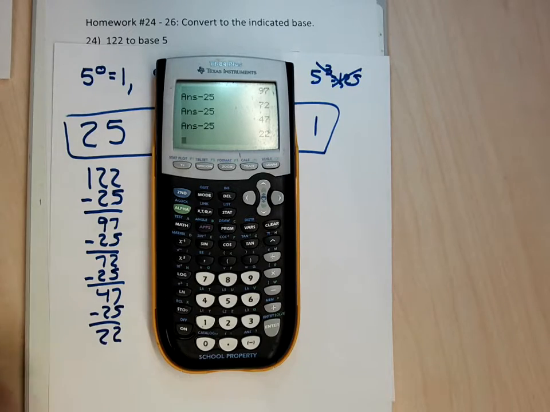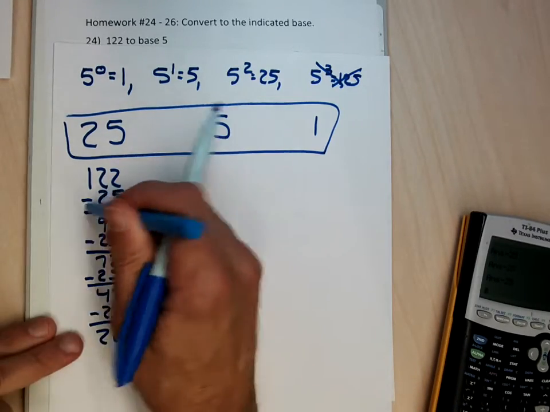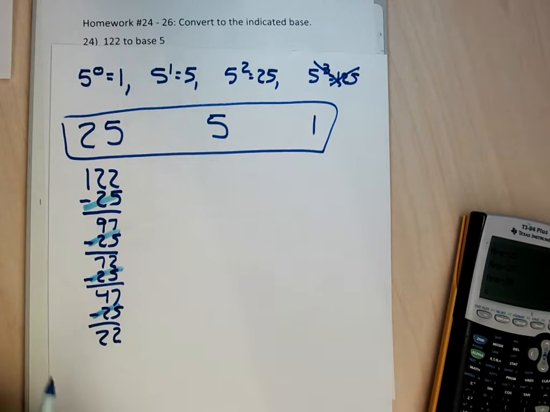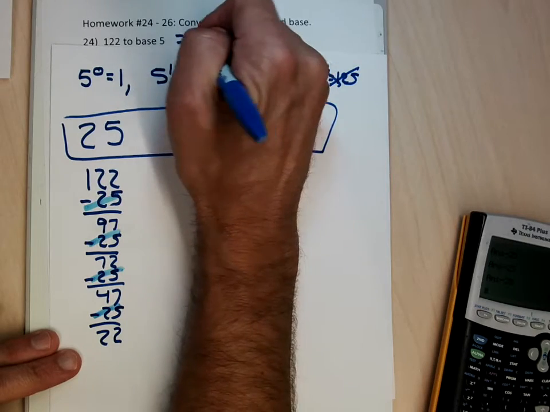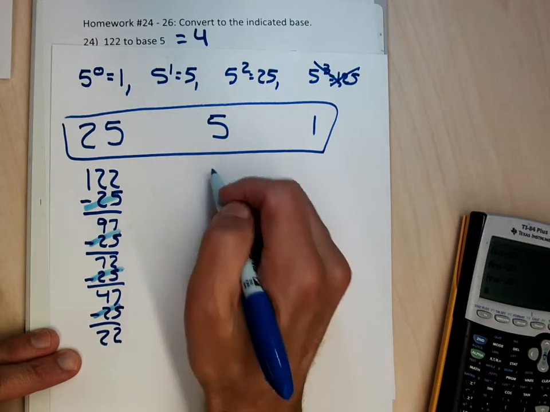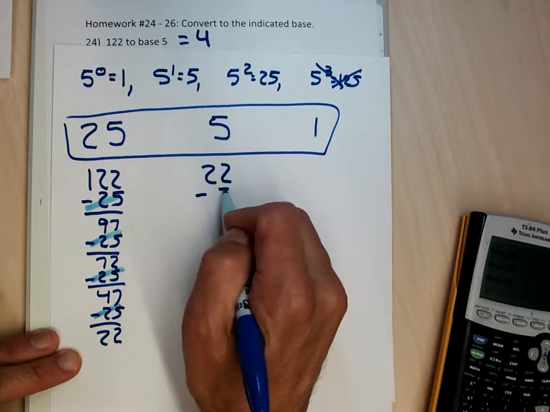Now I'm going to have the first number in my answer, which is going to be the number of times I was able to subtract 25 without getting less than 25. Part of my answer is going to have the number 4 in it for the 4 times that I could subtract 25. I'm going to carry my remainder of 22 over, and I'm going to start subtracting 5.